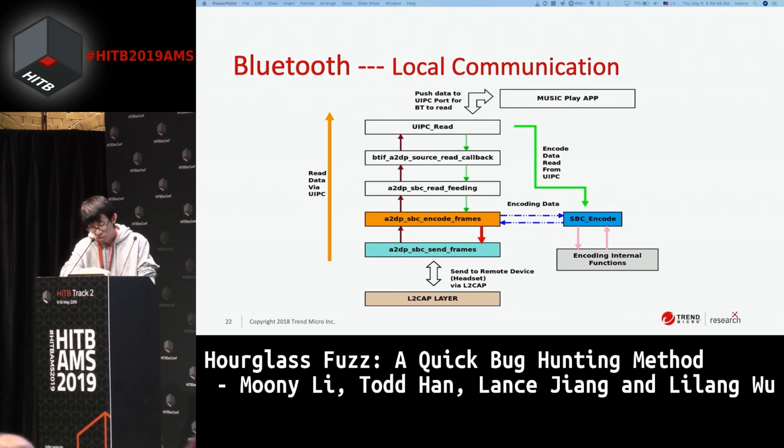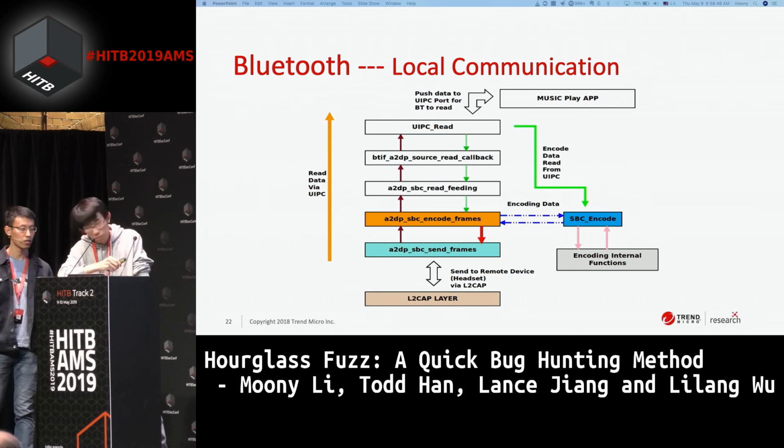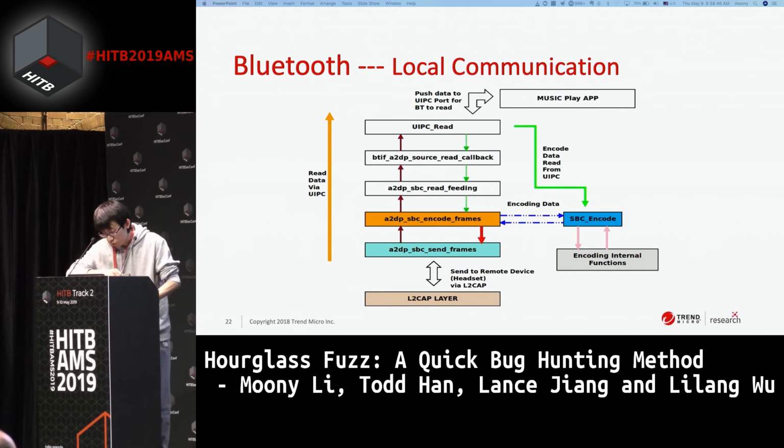Here we discuss the scenario about playing music. This figure gives us the overview of how it works. Here we can see when sending data frames to the headphone, the SBC send frames will invoke the A2DP SBC encoder first.